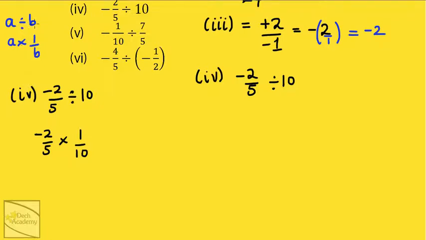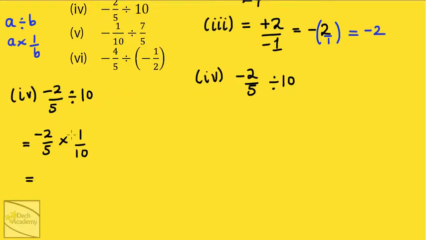And the reason why the reciprocal of b is 1 over b is because b is the same thing as b over 1, because anything divided by 1 is itself. Now, to find the reciprocal of a fraction, you swap the positions of the numerator and the denominator. So the reciprocal of b over 1 is 1 over b. So that's why.